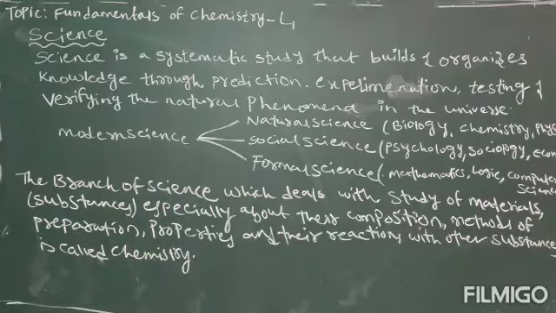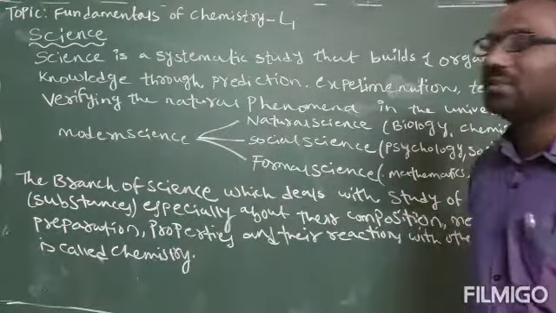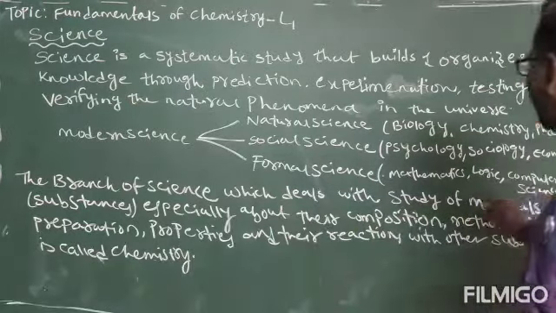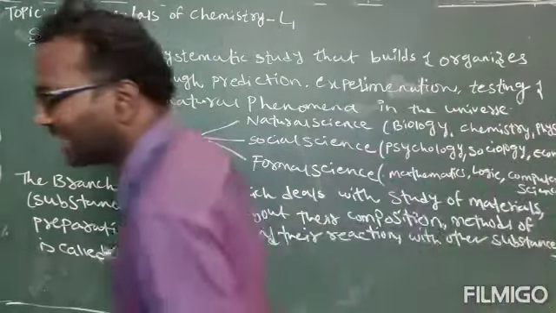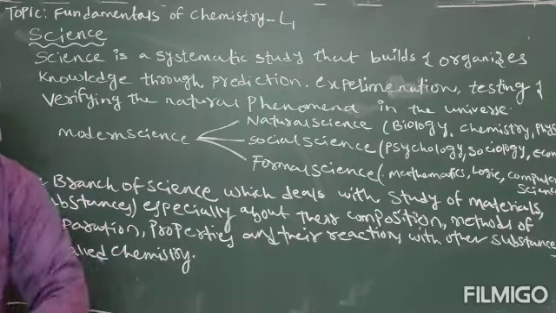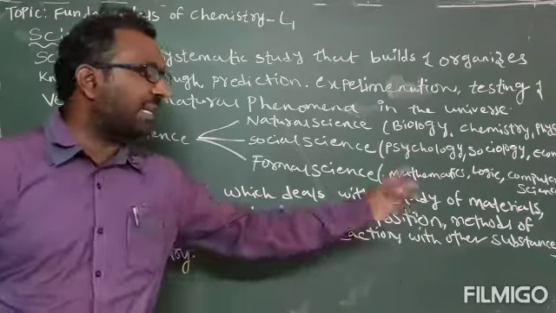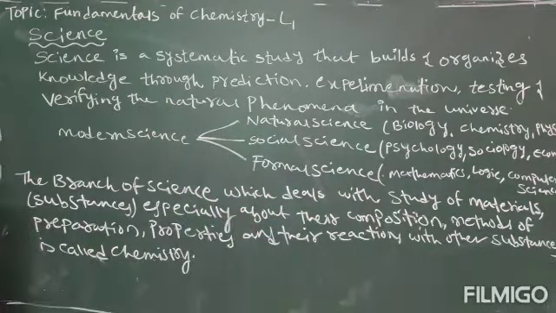So now why we are going to study chemistry: it is a particular branch of science which deals with the study of materials, the substances, about their composition, about their methods of preparation, their properties and their reactions with other substances. You are going to study this under chemistry. So this is the basic introductory part of what is science, what is modern science and the branches of science.